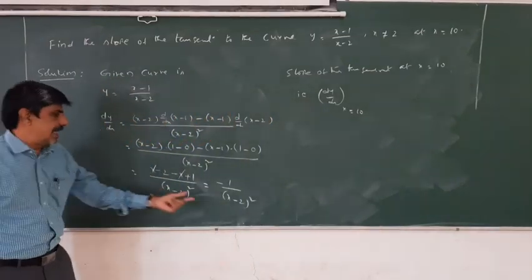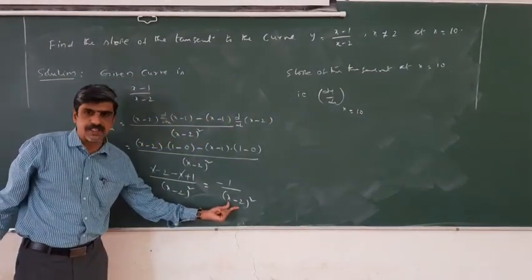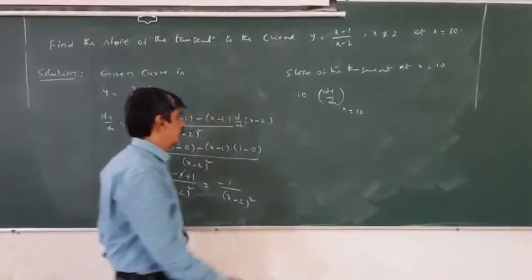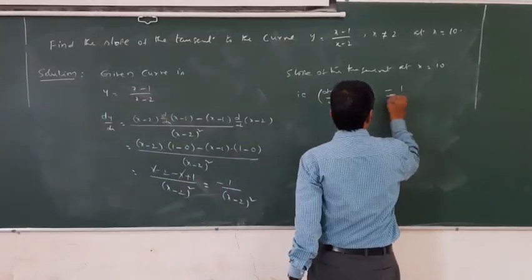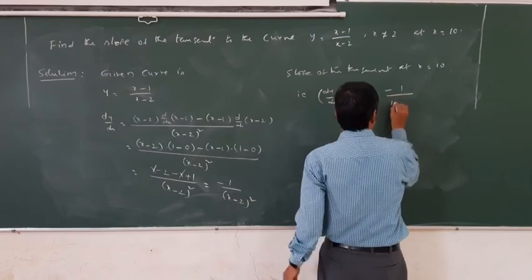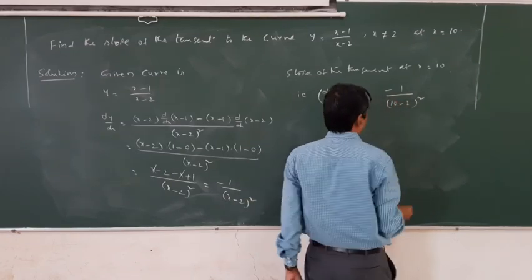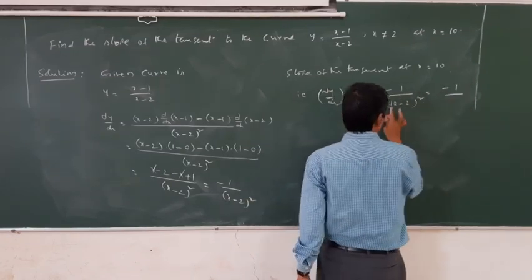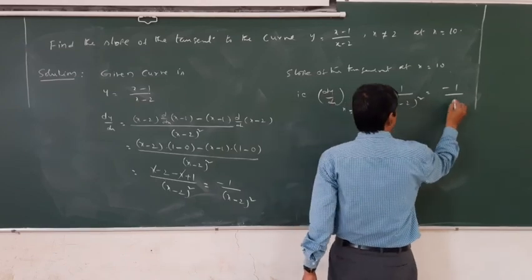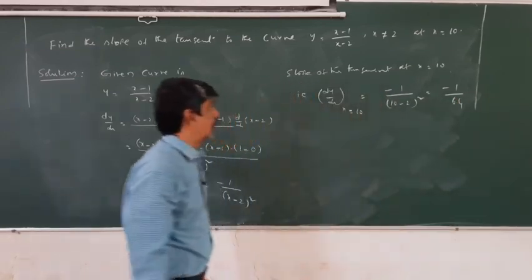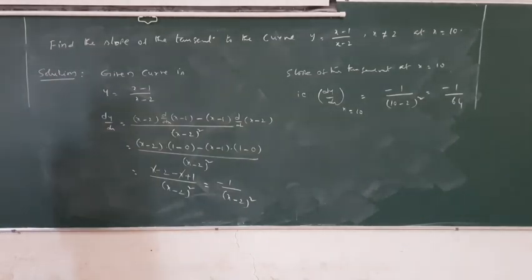Substitute in dy by dx wherever x is there, x is equal to 10. So this is minus 1 by 10 minus 2 whole square, which is minus 1 by 8 square. 8 square is 64. So the required tangent slope is minus 1 by 64.